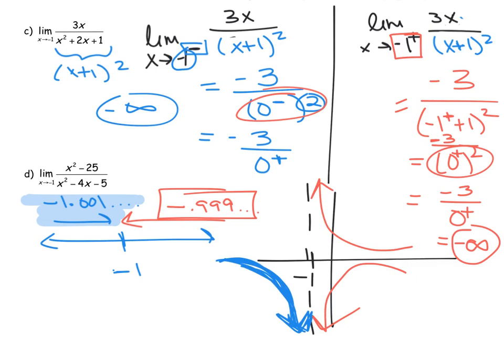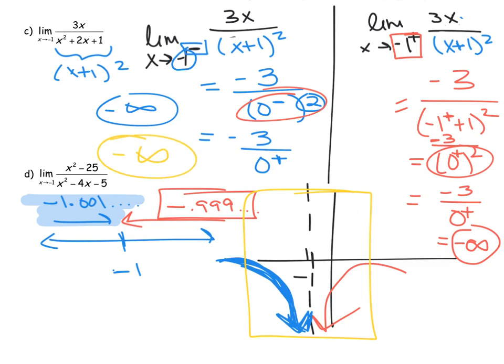So this limit actually does exist. We're going towards -infinity in both cases. So my limit as x approaches -1, my answer here is -infinity. You first found it was undefined because there's a vertical asymptote here. And now we just evaluated further that because both ends are approaching -infinity, my answer is -infinity.